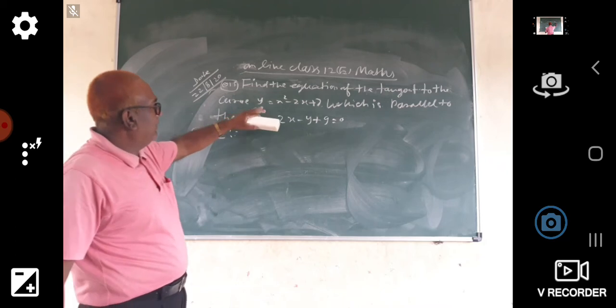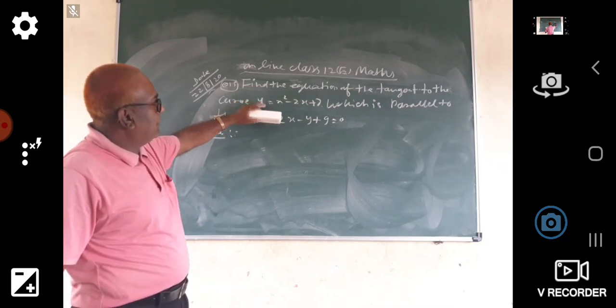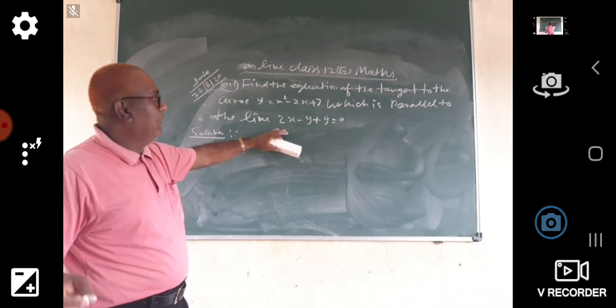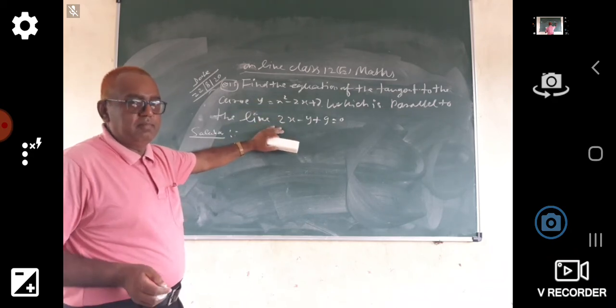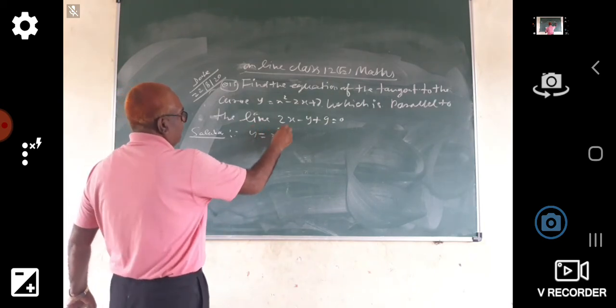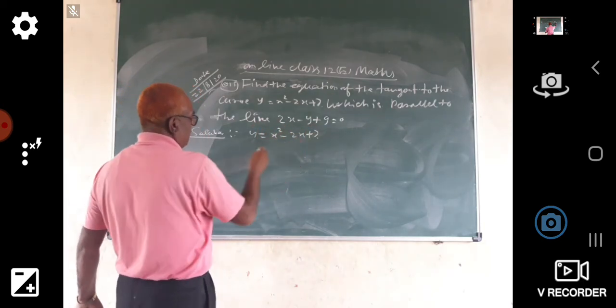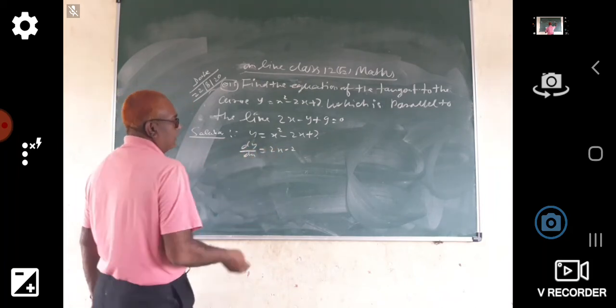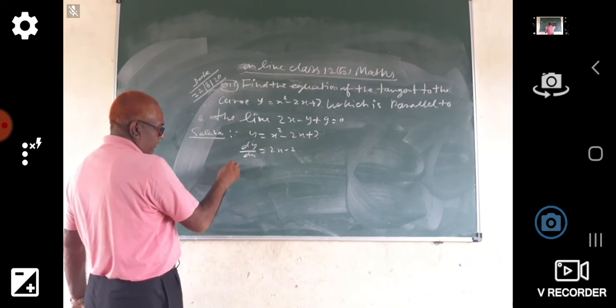Since we are given that this line is parallel to the tangent, if two lines are parallel, then their gradients will be the same. Okay, so y is equal to x square minus 2x plus 7. So dy by dx is equal to 2x minus 2. This is the slope of the curve.